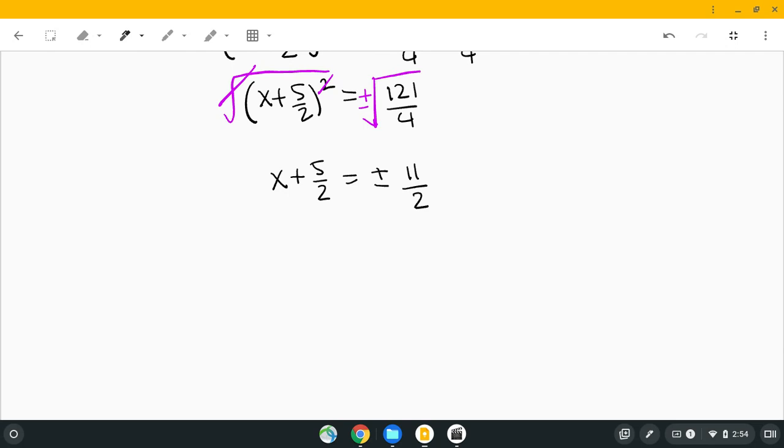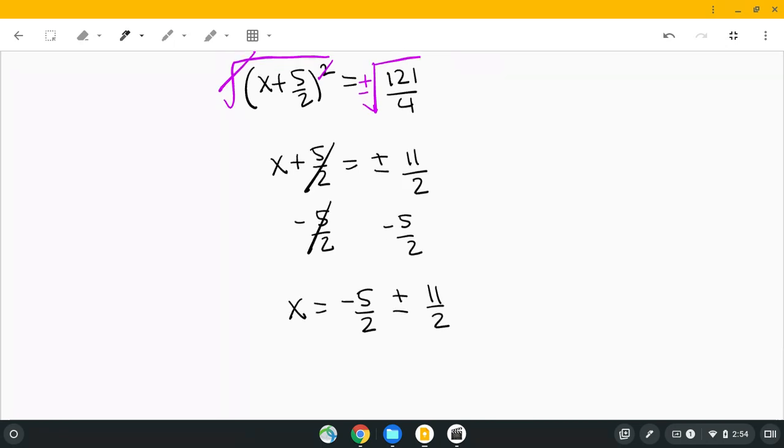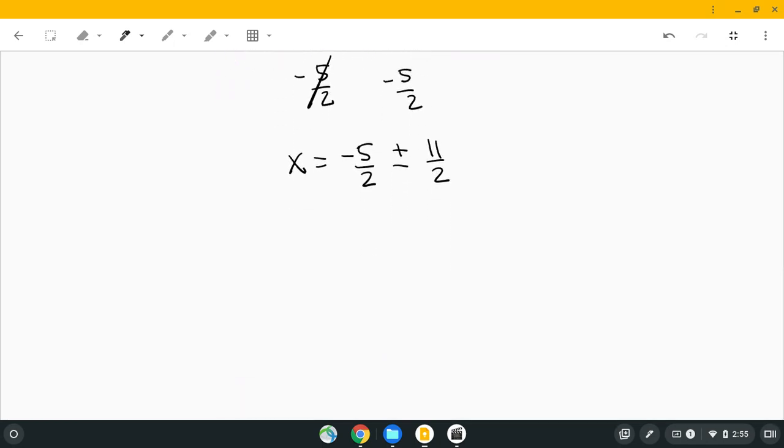Then I'm going to subtract 5 halves on both sides. So I get negative 5 halves plus or minus 11 halves. We get two answers here, so I'm going to do the addition over here, and then the subtraction over here.